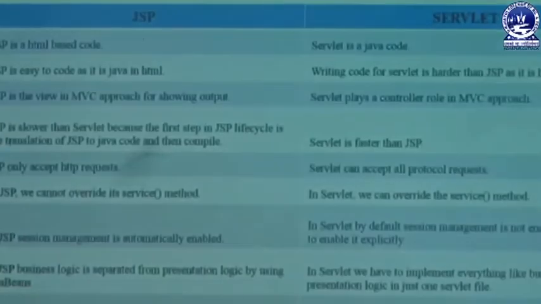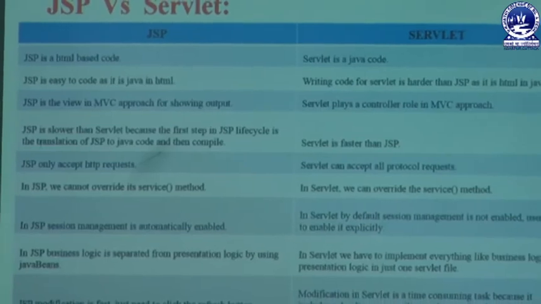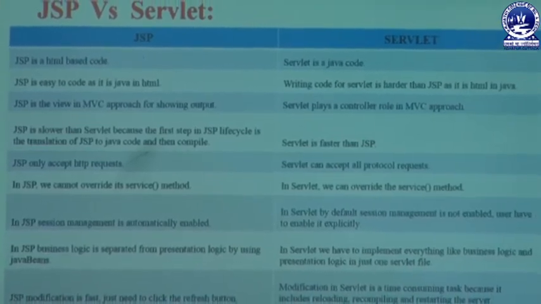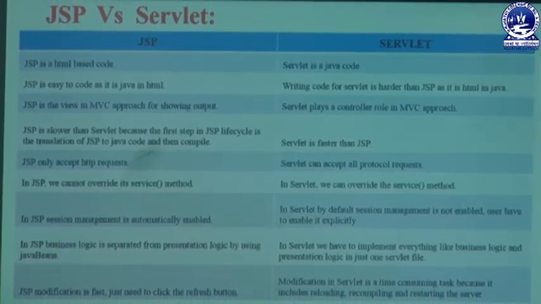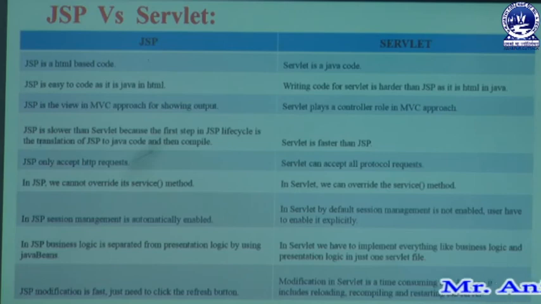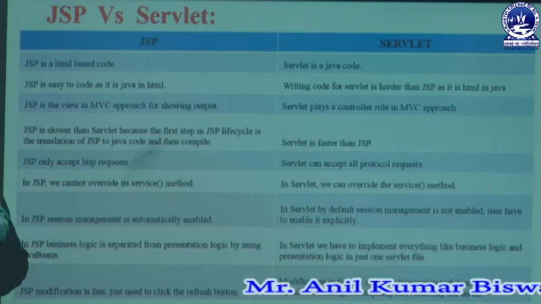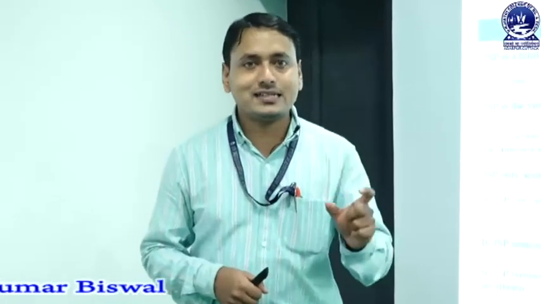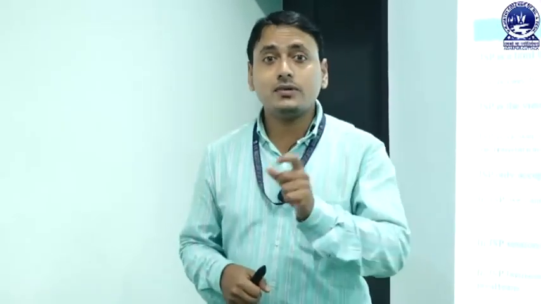Next point we can discuss: we know that JSP is slower than servlet because the first step in the JSP lifecycle is the translation of JSP to Java code, then we can compile it, but servlet is faster than JSP. We know that whenever a user wants to process JSP code, it is always translated from the source code to servlet code.